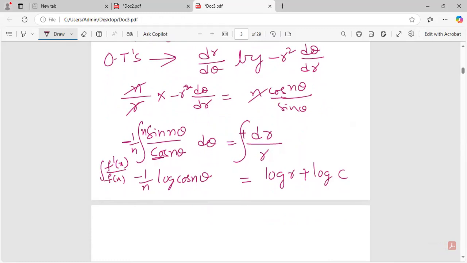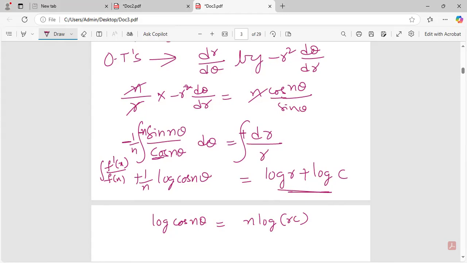Finally, I can multiply by n on both sides. There will be no negative sign, since the negative sign goes with the sin. So log cos n theta equals n log r plus n log c.